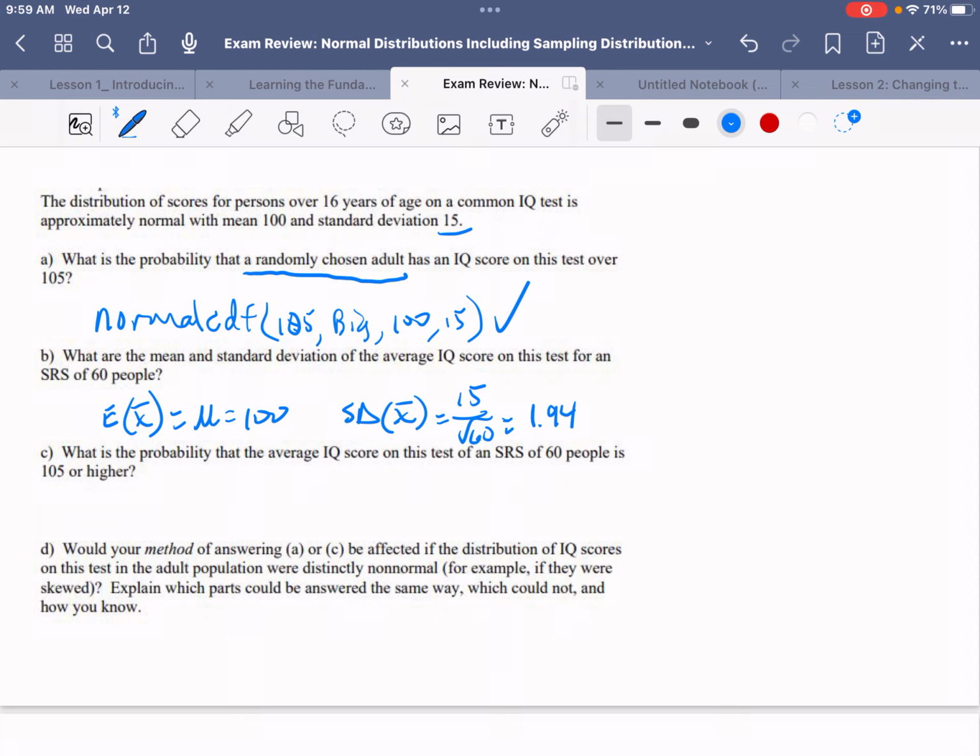And then you read part C. What is the probability that the average IQ score on this test of 60 randomly chosen people is 105 or higher? That would be normal CDF, 105, big number, 100. At this point, it seems like they're asking the exact same question as part A, but they're not.